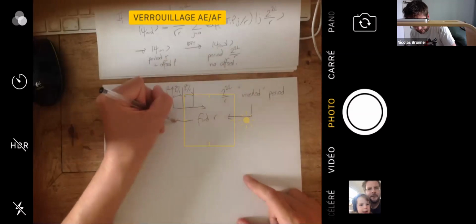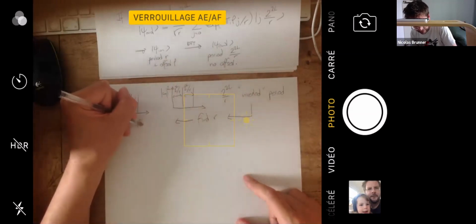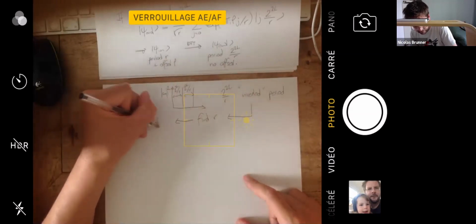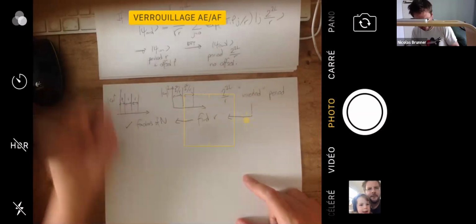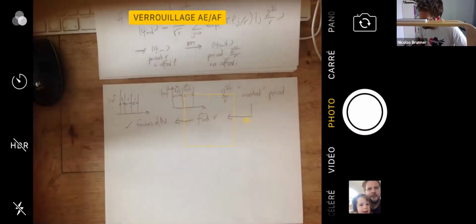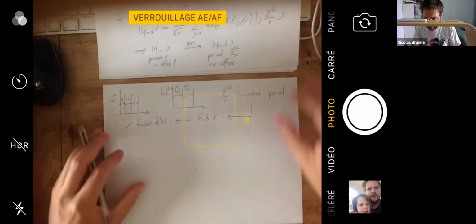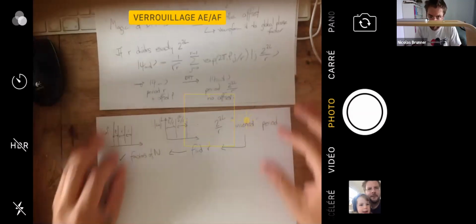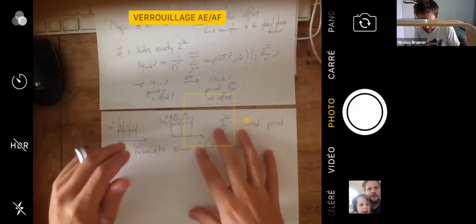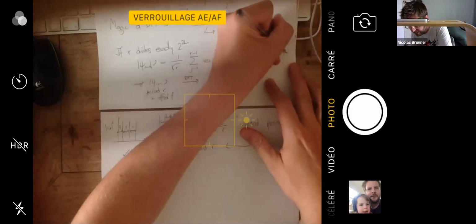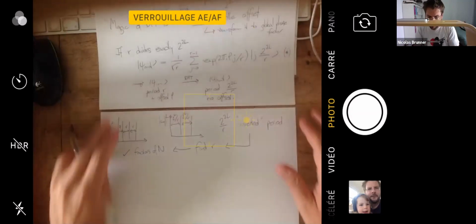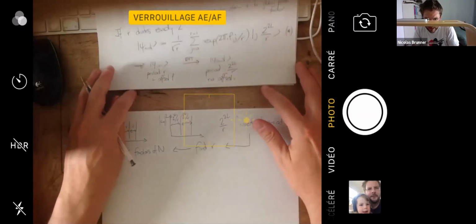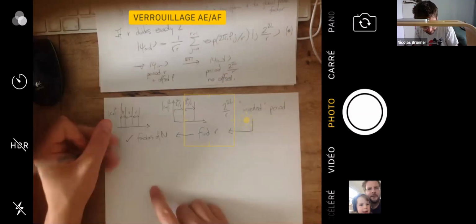And after R, I find the factors of N. Okay, so that is the general idea of how it works. For us, there is the main step which we would like to prove, and the main step is this equality here. And now we are going to prove this.